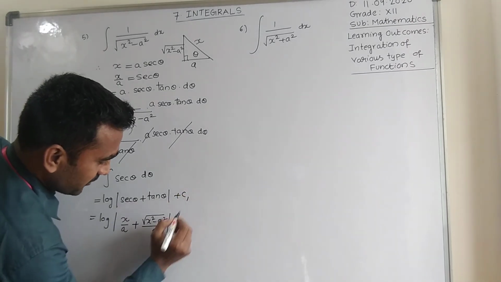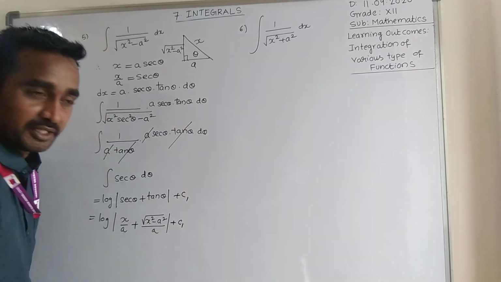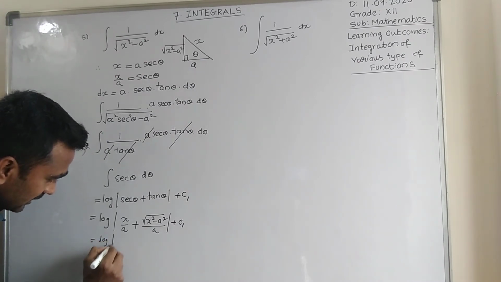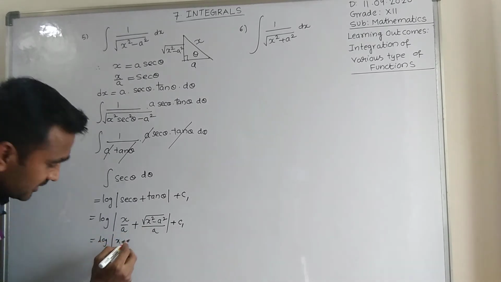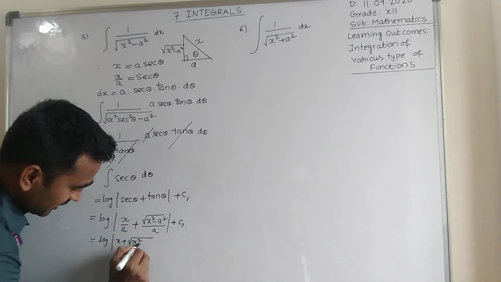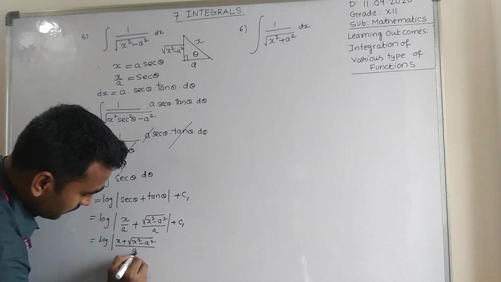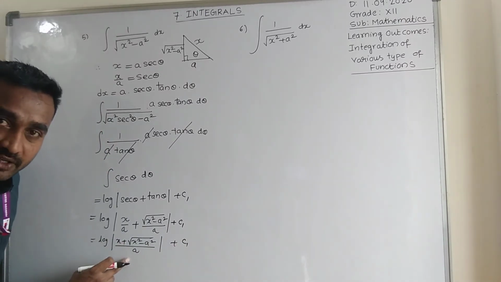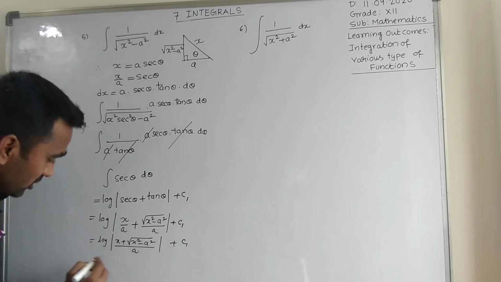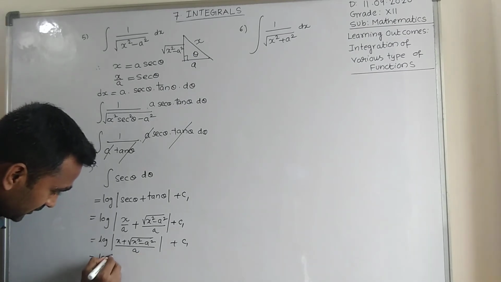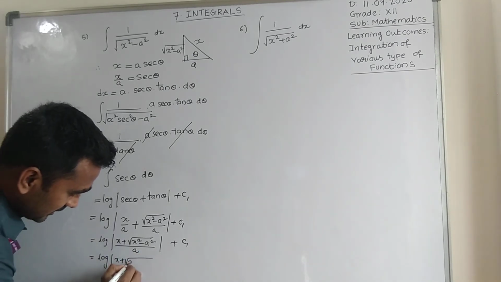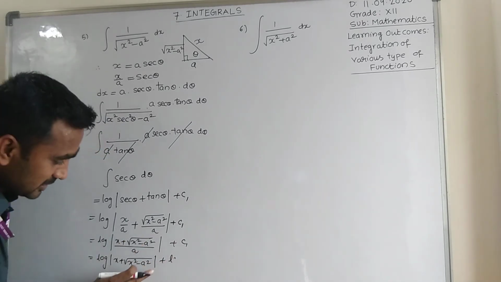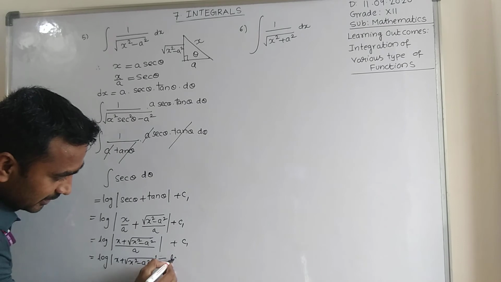Assume that this is c1 plus c1. Yes students, some basic identity: logarithm of x plus root over x square minus a square, divided by a, plus c1. Now log a by b is log a minus log b. So logarithm of x plus root x square minus a square, plus log a by b is minus log a minus log b.